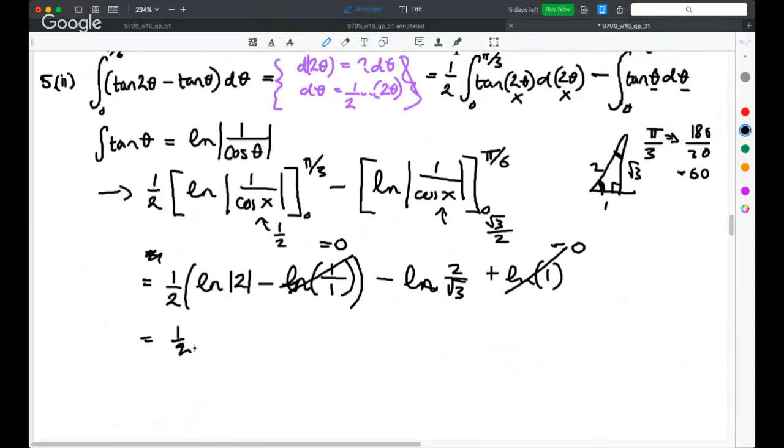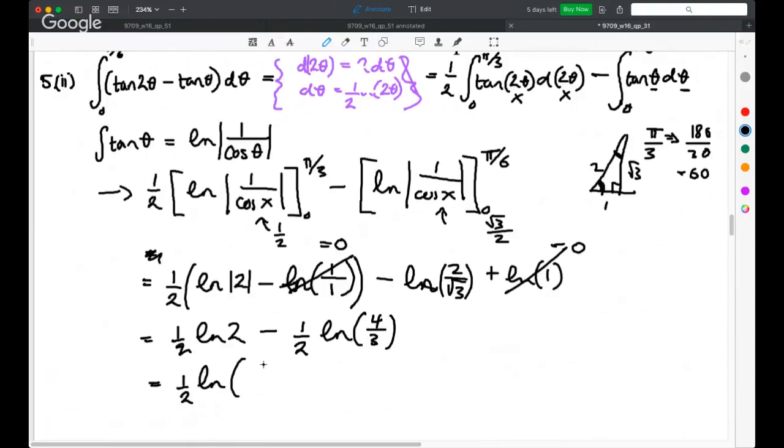So we've got 1/2 natural log of 2 minus, and let's basically square this, and we get minus 1/2 natural log of 4/3, because remember, we can just take the half up here, it's going to square root the thing inside, giving us 2 over square root 3. Which is 1/2, by the rules of logarithms, natural log of 2 over 4/3, which finally gives us 1/2 natural log of 3/2 as required.